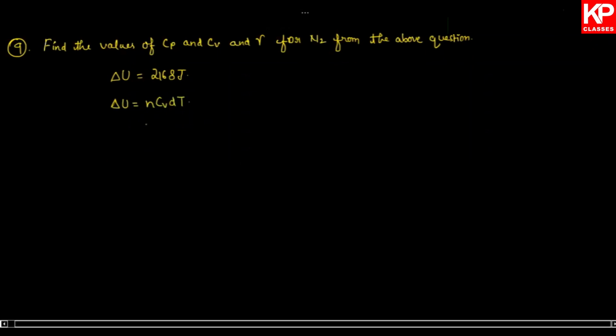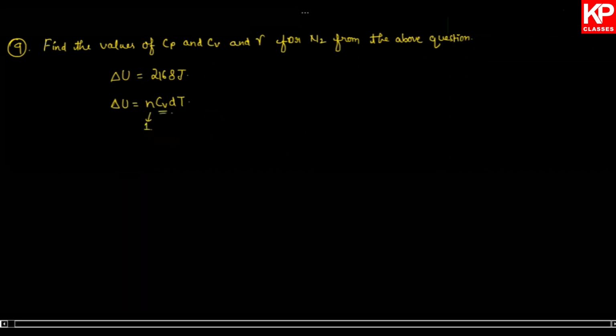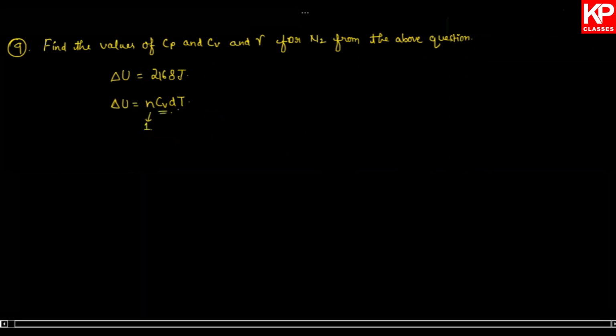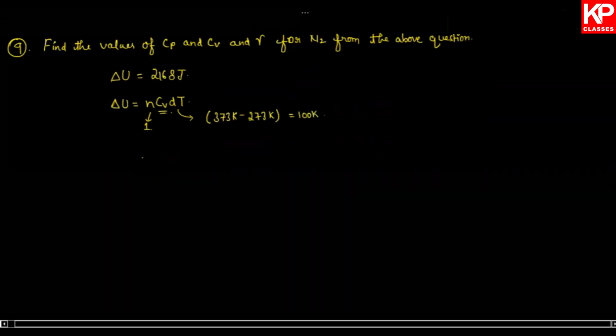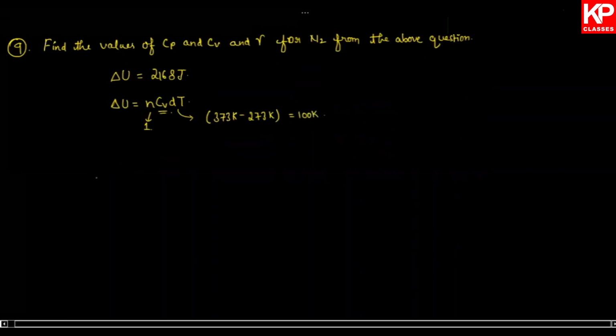The system has 1 mole. Cv we have to calculate, and dT will be final minus initial temperature, 273 Kelvin, so this value will be equal to 100 Kelvin. So you can directly calculate 2168 by 100, which will give you the value of Cv, equal to 21.68, right?